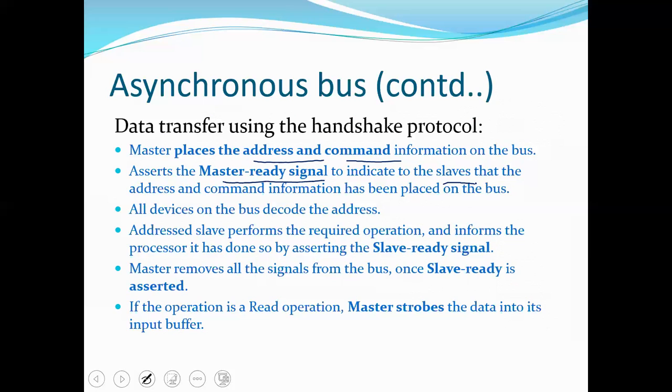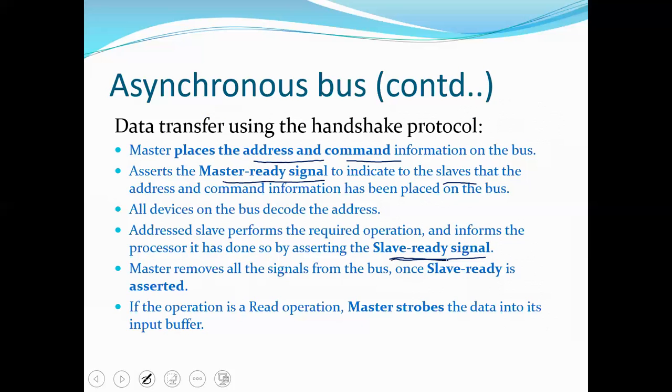The address is decoded by the slave, and once the slave recognizes the address and the data is ready, the slave ready signal is up. Once the slave ready signal is up, master recognizes that the data is being put in the data bus, and it starts reading the data.